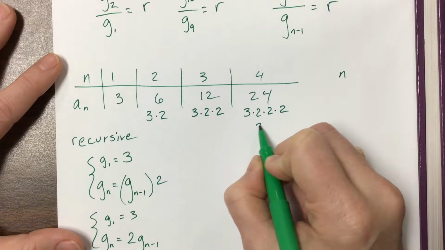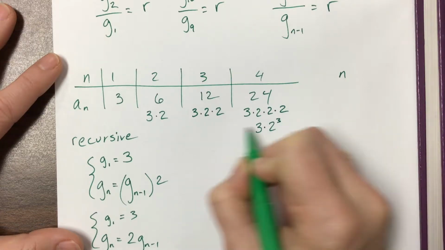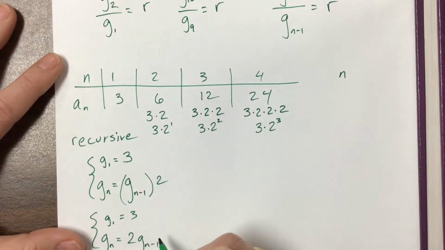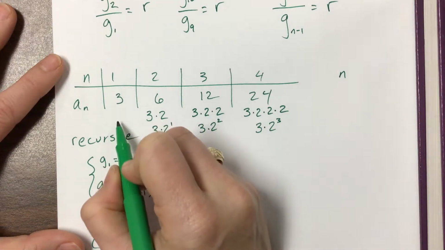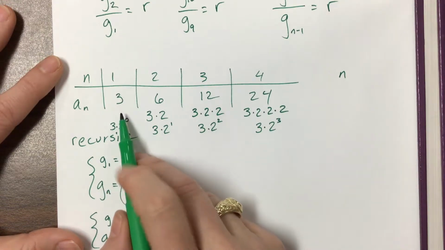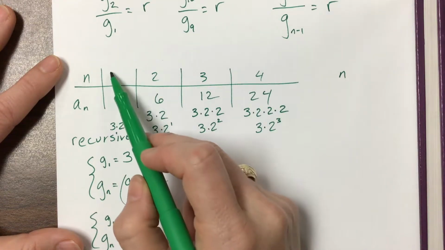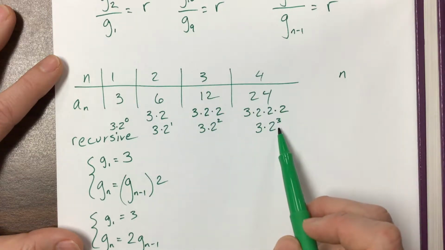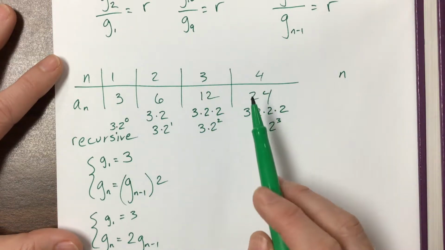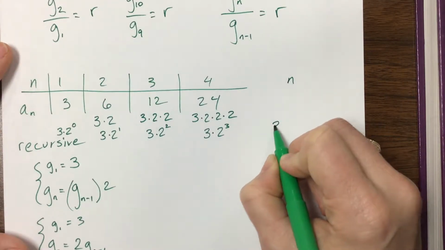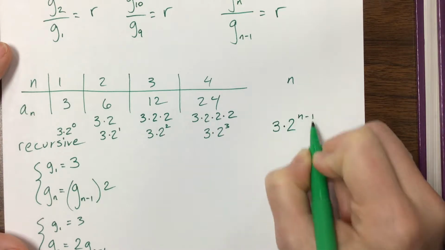What you may notice is that this is 3 times 2 cubed, this is 3 times 2 squared, and this was 3 times 2 to the first power. Right here, this would be 3 times 2 to the 0 power, because anything to the 0 power is 1. So I see a connection between the term number and the exponent: the exponent is 1 less than the term number. So for this particular nth term, it's 3 times 2 to the n minus 1.